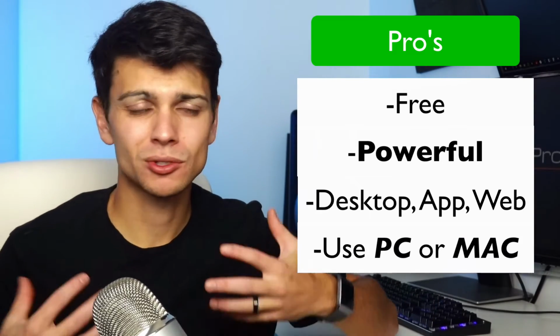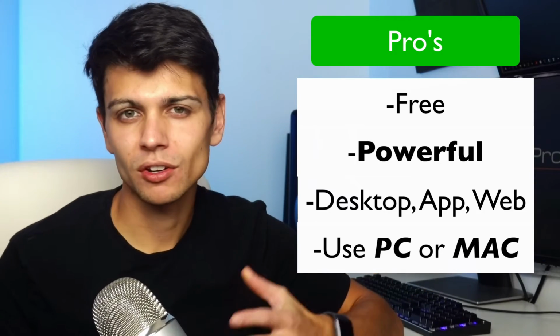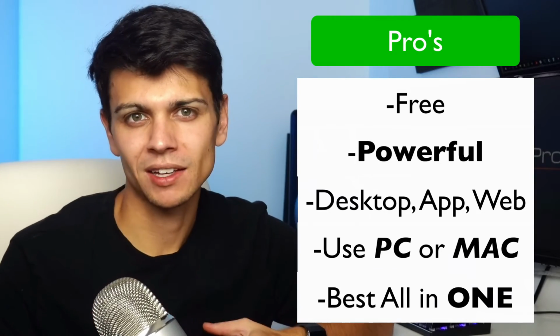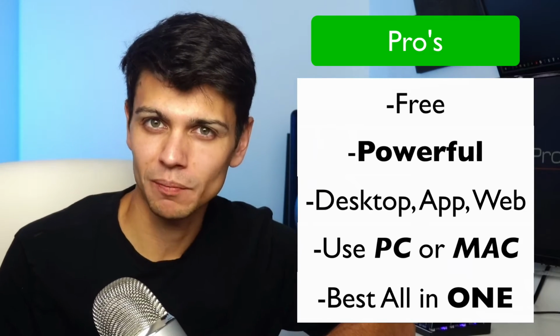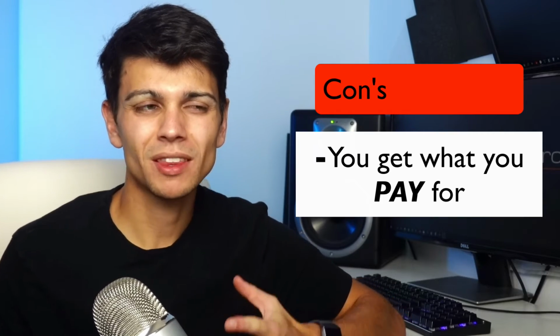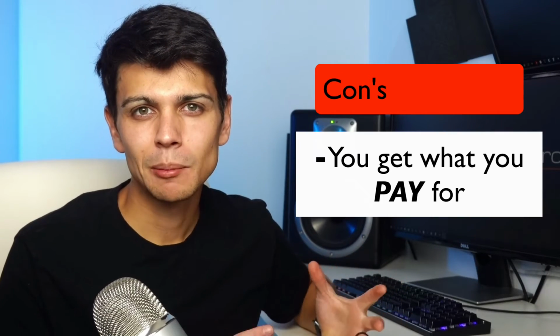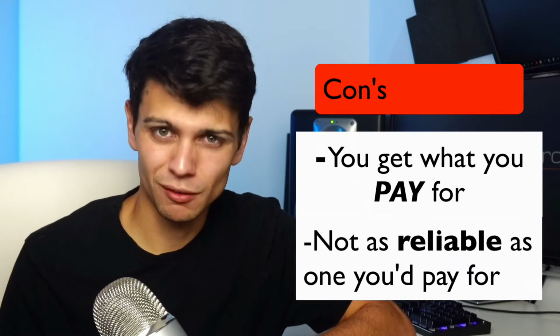They're also almost always compatible with Mac or PC, so they're usually the best all-in-one package, being able to use your own brokerage with their own platform. The biggest con is you get what you pay for, which, I mean, they are reliable, but maybe not as reliable as a platform that you would likely pay for.